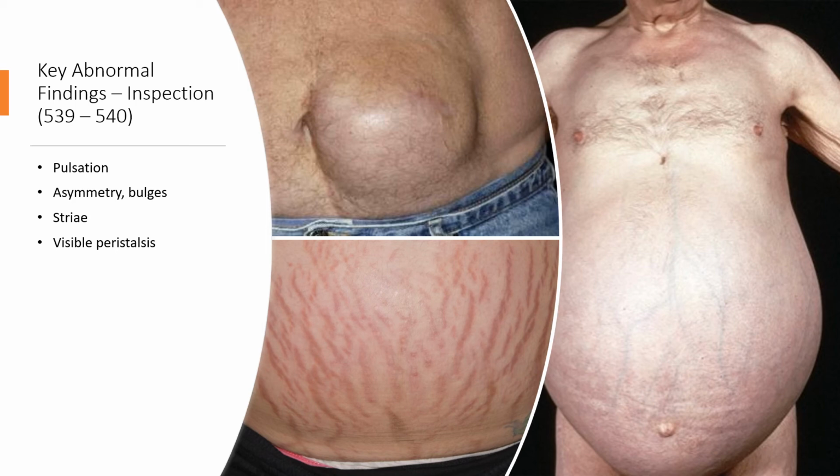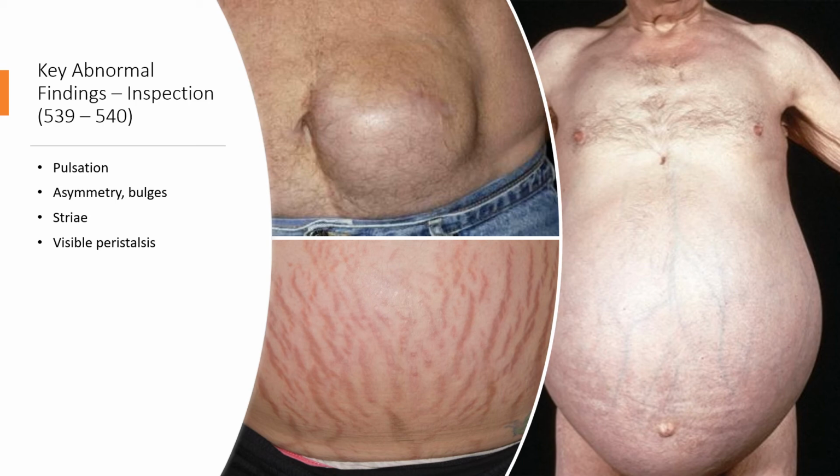Now hernias can be reducible, where you can just push it back in, or irreducible, and that can cause a strangulation, which is a medical emergency, because it's going to incarcerate the abdominal contents there and cause some ischemic injury, and even can cause infarction. Okay, you can have bulges related to surgical hernias, incisional hernias, or you can have bulges related to tumors.